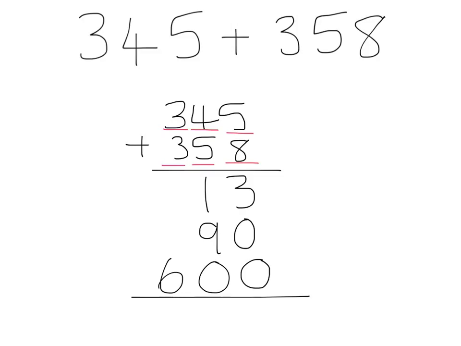Please notice that the columns are used to keep the numbers clear. And here a child can quickly see that the answer is 690, 703.